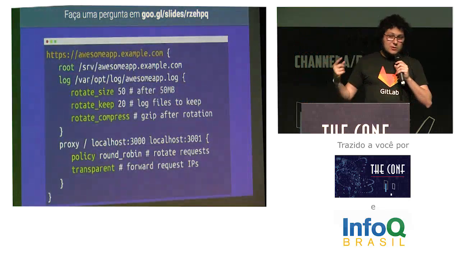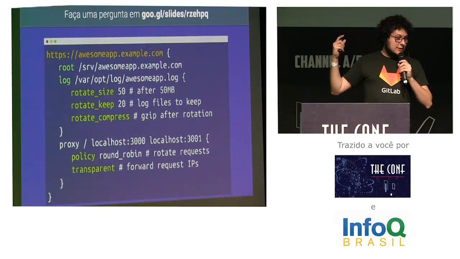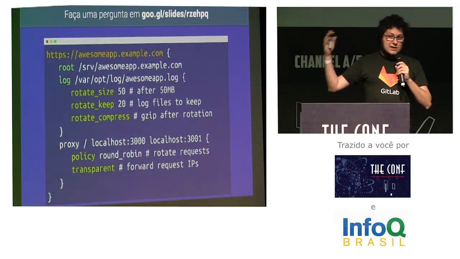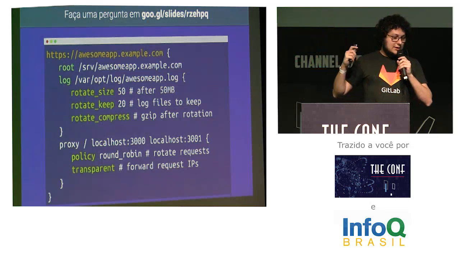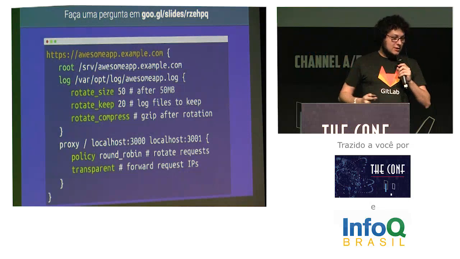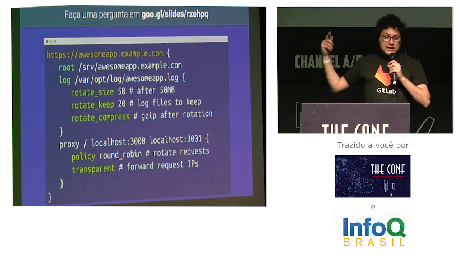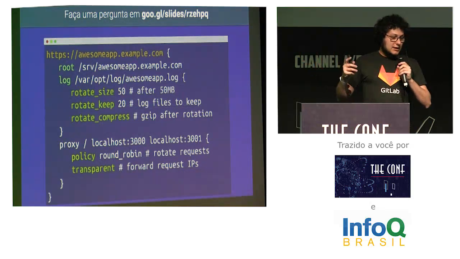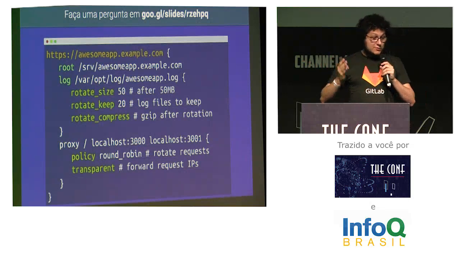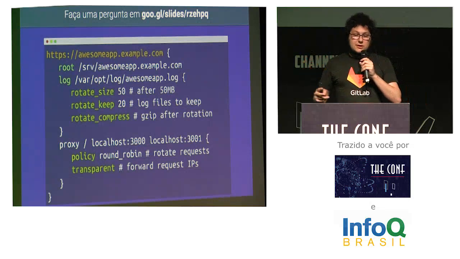And this is an example of a full Rails Caddyfile version of a reverse proxy. You have on the top the vhost address. I'm defining the root folder. I'm defining rules for log rotation and also log retention. I'm pointing a proxy of the root folder to two different instances.